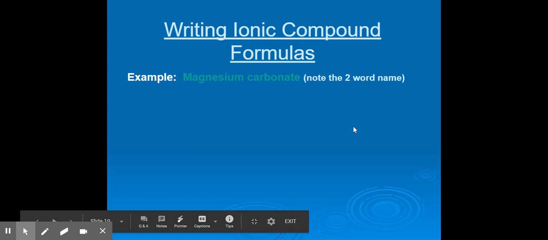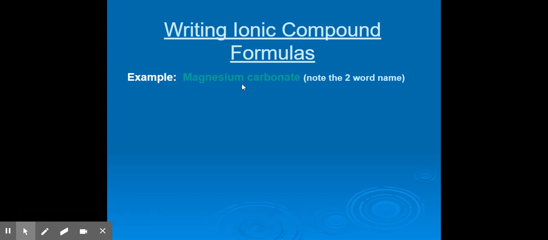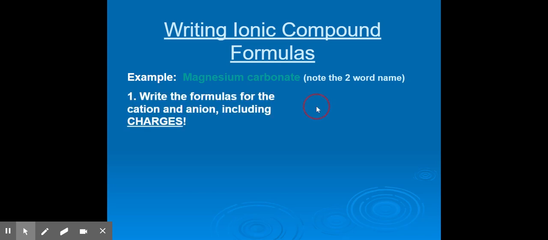All right, so the next one is magnesium carbonate. Now, carbonate is a polyatomic ion, which means it's a group of ions that work together as one, okay? So magnesium we know is 2+, and carbonate is CO3, and together it has a charge of 2-. Now, you do not have to memorize these. There will be a list of them that you'll just have to copy off the list. But they cannot be broken up.